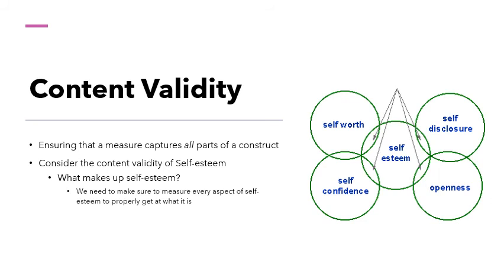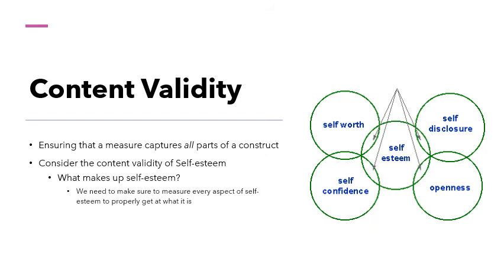So when we're taking a measure, we need to make sure that we're measuring all aspects that make up self-esteem. So there's other constructs that are related to self-esteem. So from here, we're making sure that we're measuring all parts of self-esteem in order to get this content validity. And think about it, it's the content that makes up self-esteem.